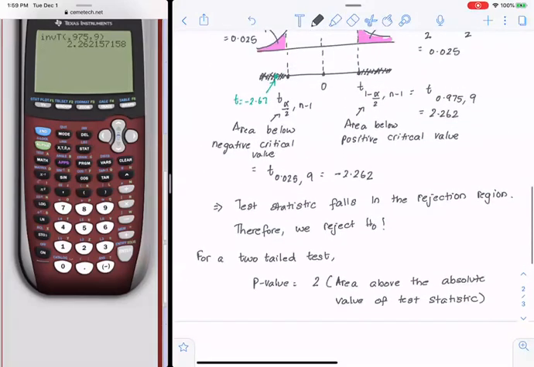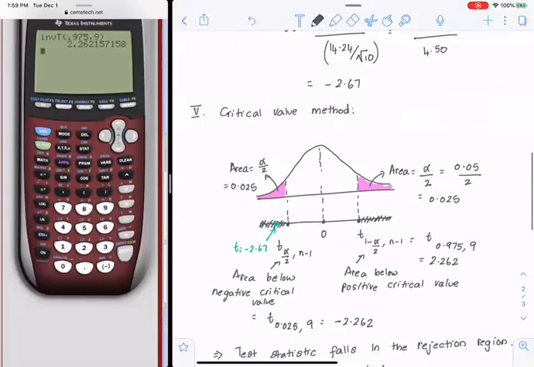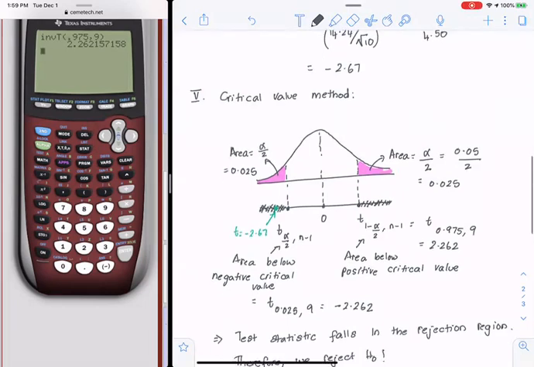We have the test statistic to be negative 2.67. The absolute value of that would be 2.67.